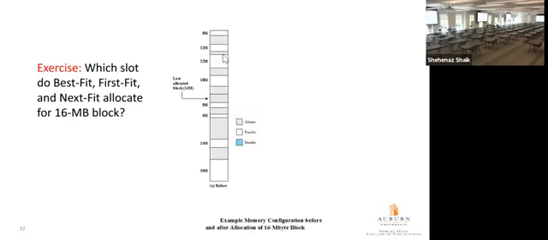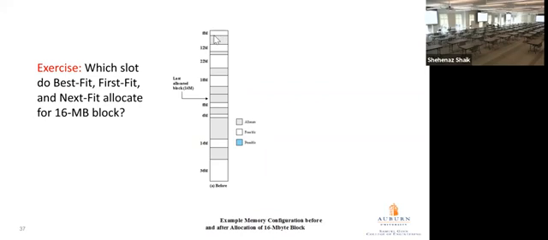Okay. So to understand that better, here we have one example. Okay. So let's say here the grayed out areas are all allocated partitions to different processes, and let's say the white ones are the free blocks, and they are the holes in this particular case.